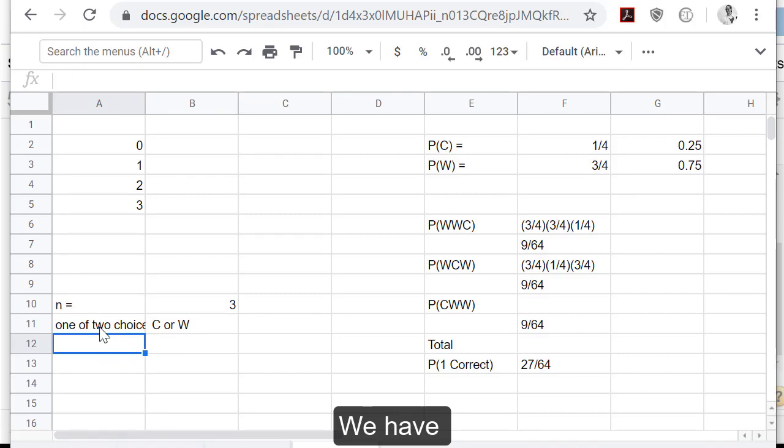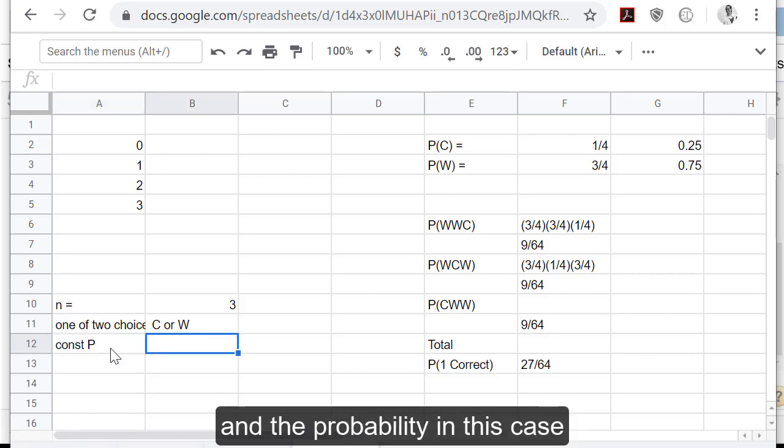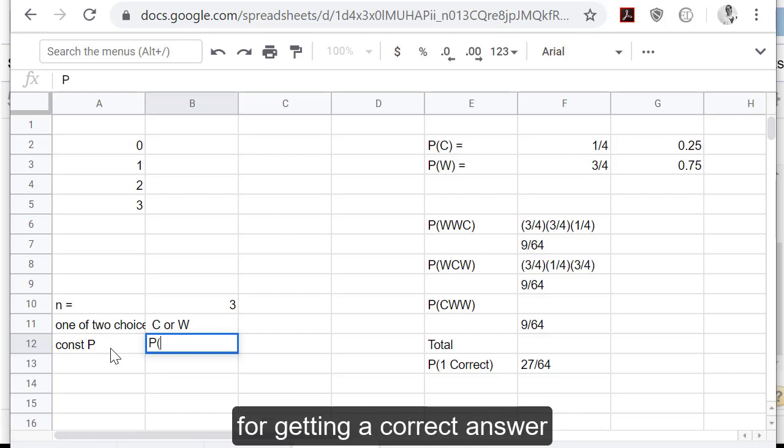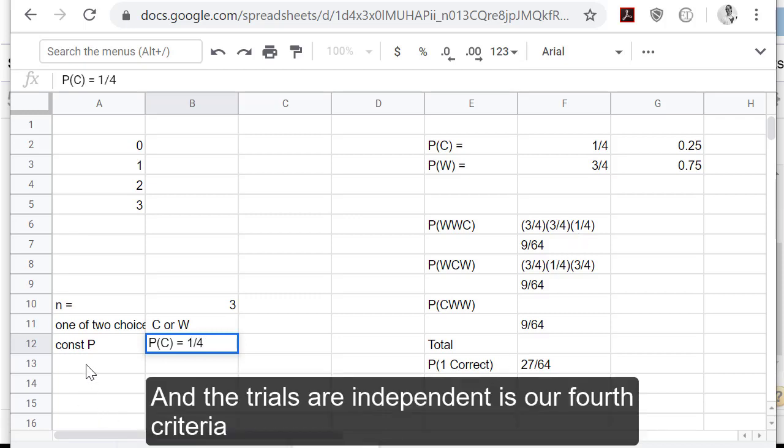We have a constant probability, and the probability in this case for getting a correct answer is 1/4. And the trials are independent, which is our 4th criteria.